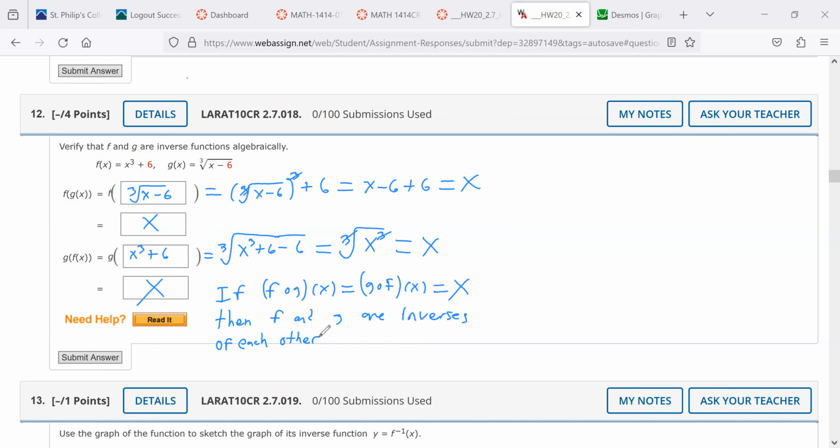So that's how you prove it. So if one of them is not x, you would just say no, they're not inverses and stop. But they did want the output, so you'd have to do it here. Any questions on 12?